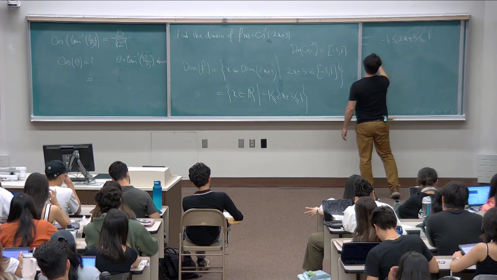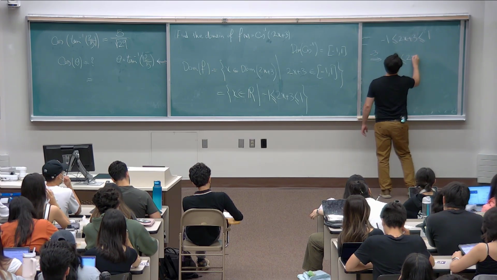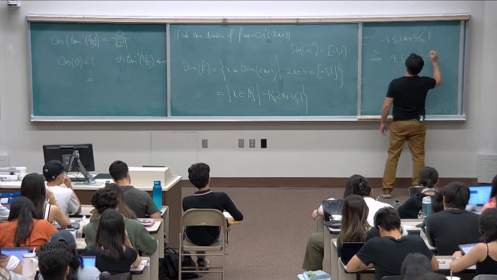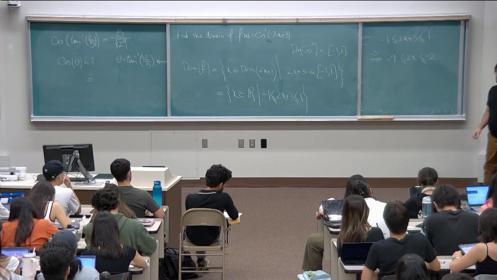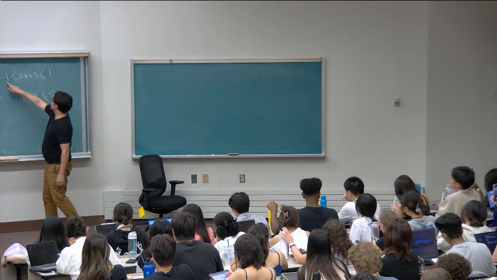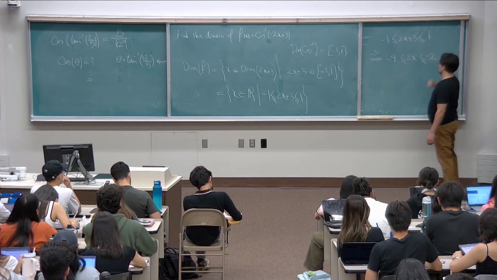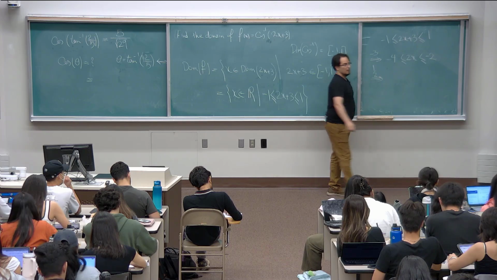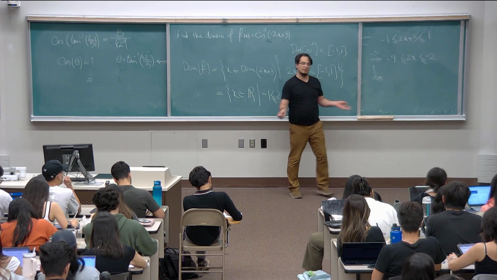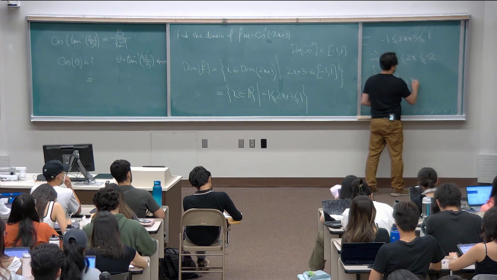Subtract 3 from all 3 sides. So -1 minus 3 is -4, and 1 minus 3 is -2. Now you have a positive 2, so you divide everything by a positive number, so that will give you this piece.